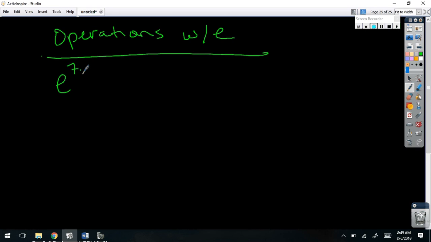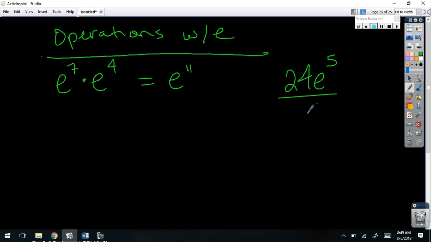For example, e to the 7th times e to the 4th would give you what? You treat it like any other variable. 24e to the 5th divided by 4e squared would give you what? 6, right? All the same properties. Do I need to spend any time on that?